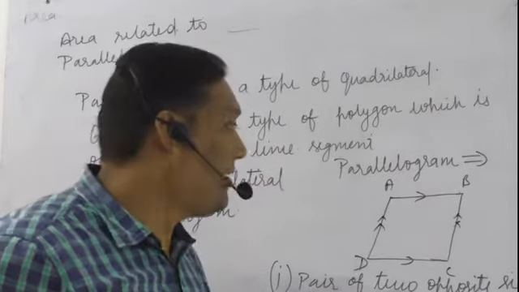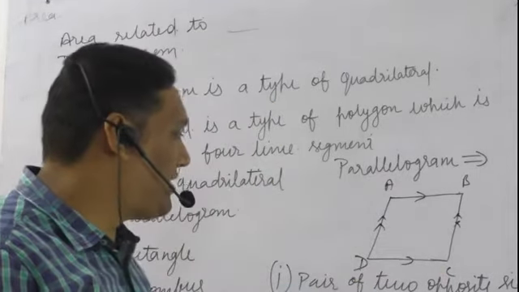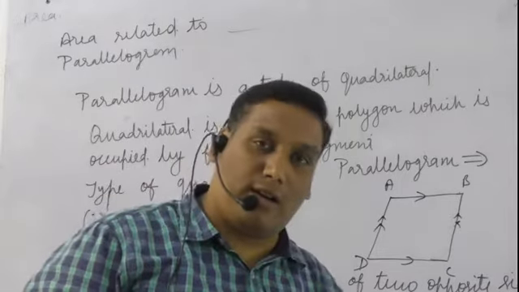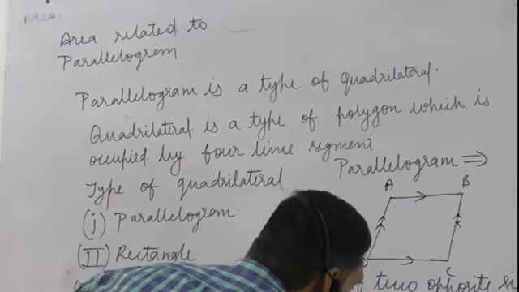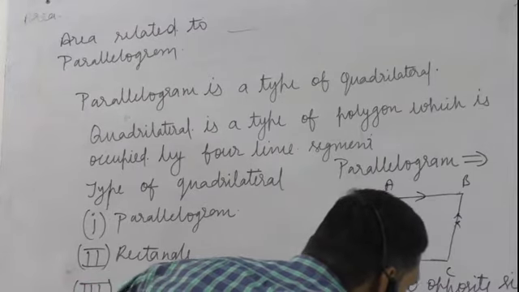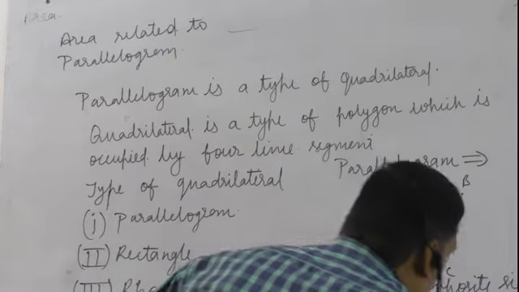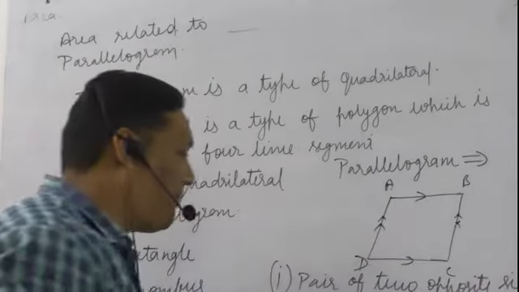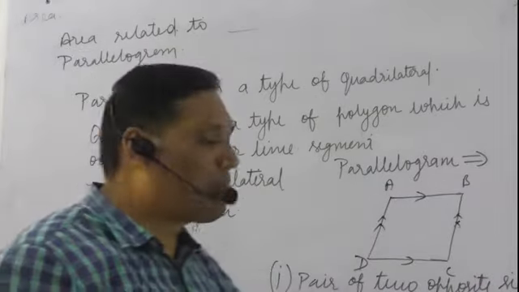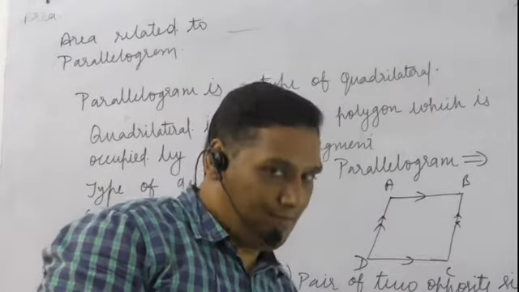It is very necessary. AB should be parallel to DC. Similarly, AD should be parallel to BC.